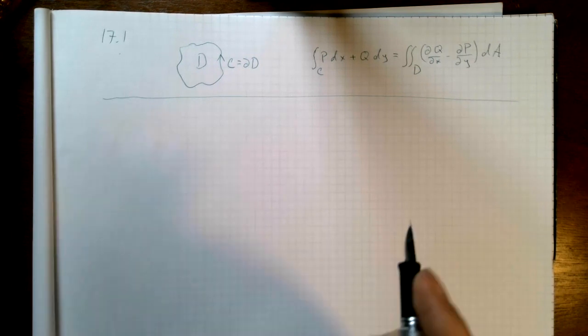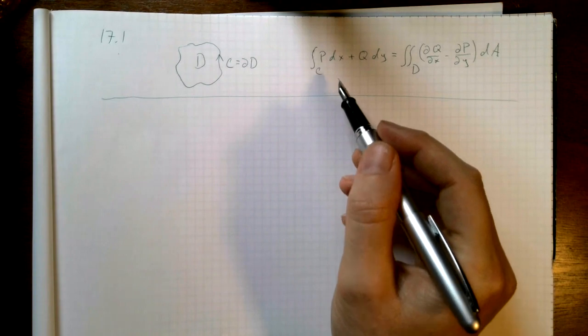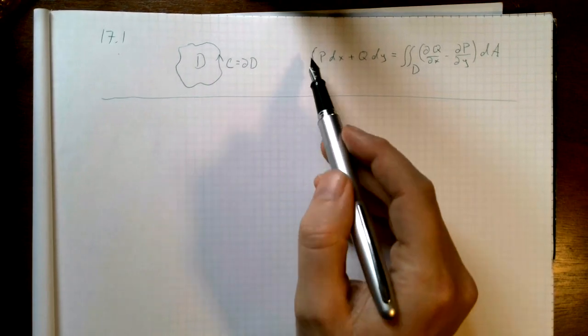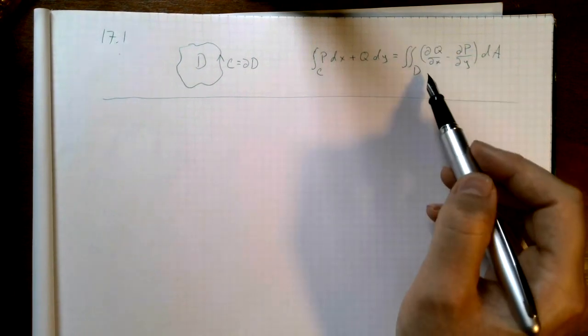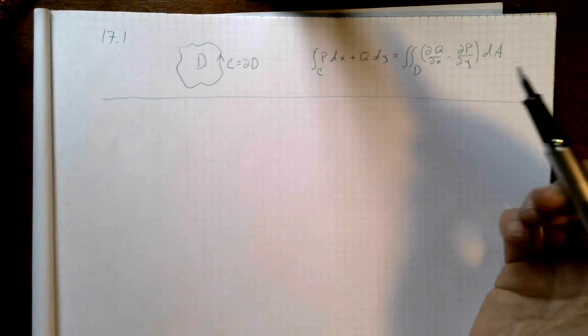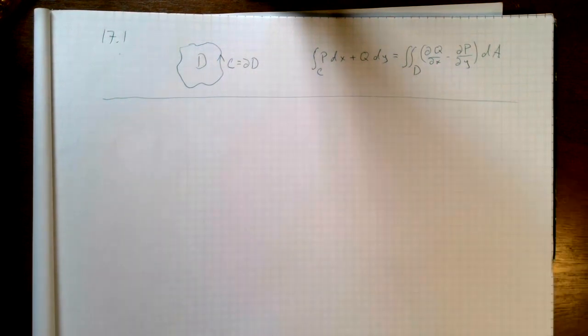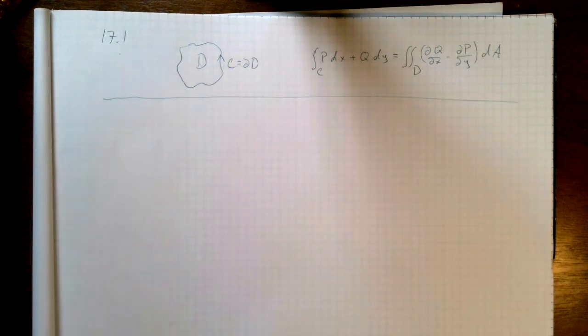Here it's sort of the other way around. At least the simple applications of Green's theorem start with something like this and write it like that. It says that these two things are equal, so if you find one and the other is simple to compute, then you do it.